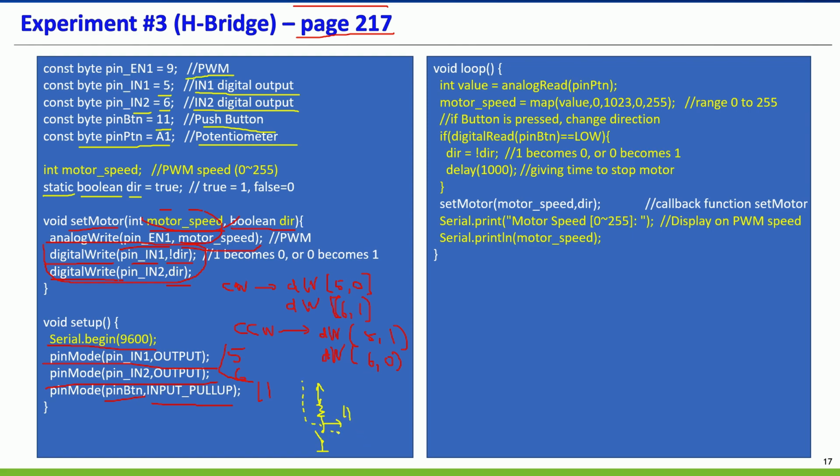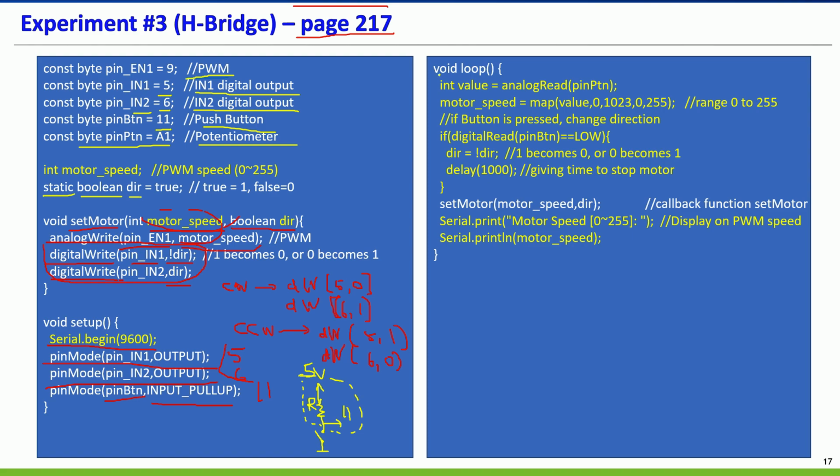The 5 volts is already inside the Arduino circuit, so you just connect pin 11 directly through the switch to ground, and activate input pull-up.